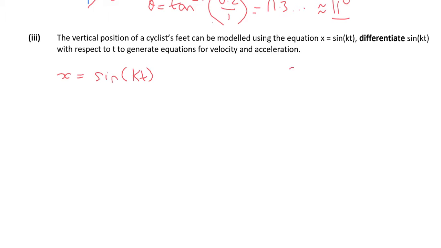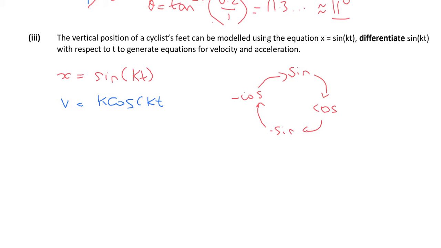So the first thing to know is that when you're taking the derivative, essentially it goes round in a loop like this. So we're going to go round this way, so taking the derivative round sine round to cos, and then whatever's multiplied by t would come outside of the function. So it's going to be k cosine, and then whatever's there stays in there, like that.